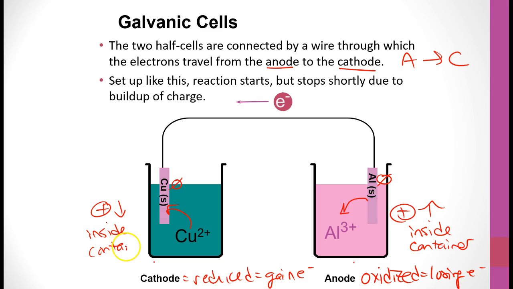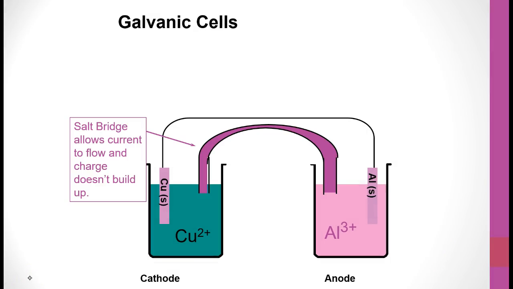If you think about it, it makes sense. Electrons are negative. Why would they want to go someplace where it's becoming less positive? They're going to want to stay where the positive charge is increasing. So it stops because you build up charge. You increase the positive charge on one side and decrease it on the other. So you have to have something to counterbalance that.